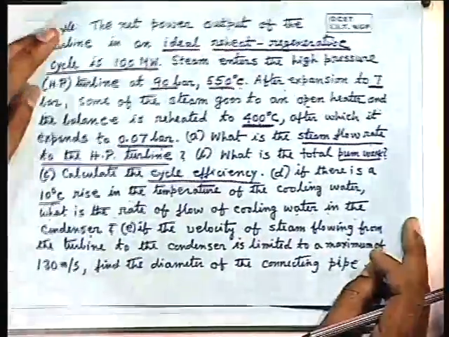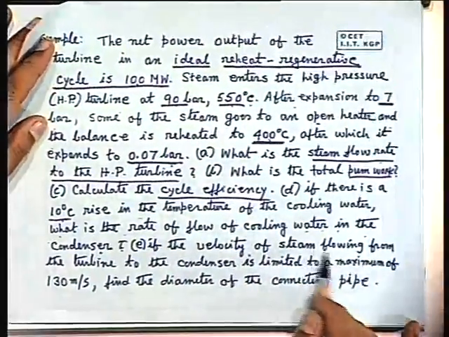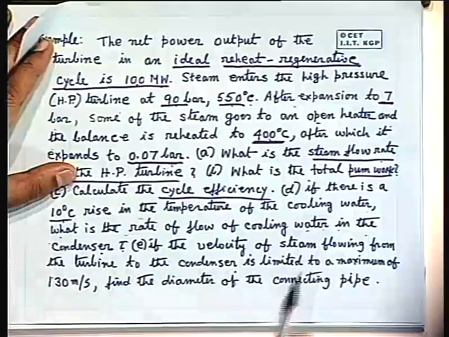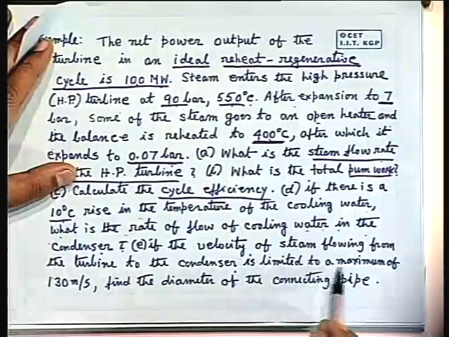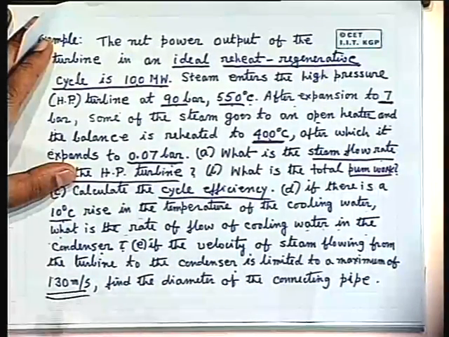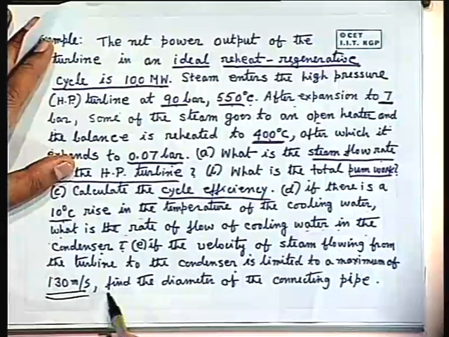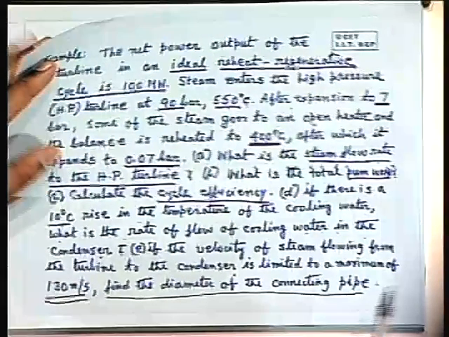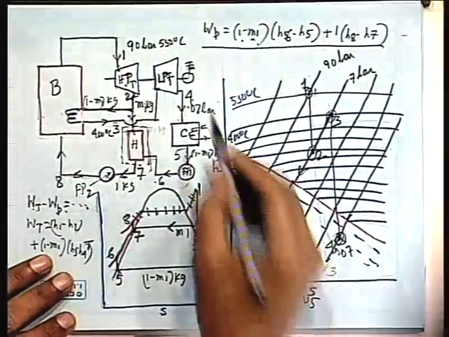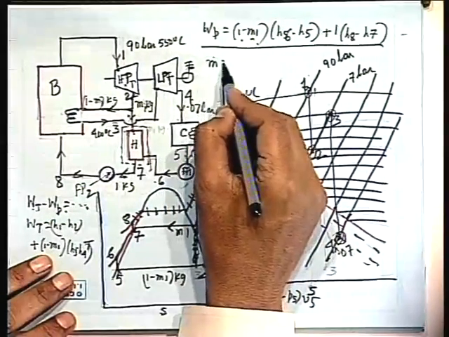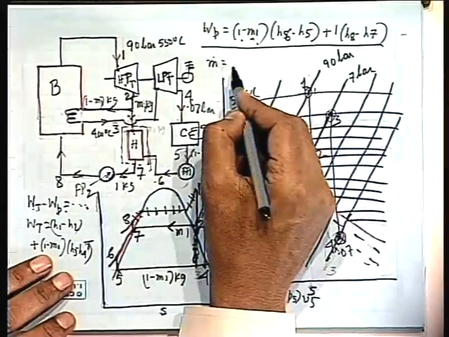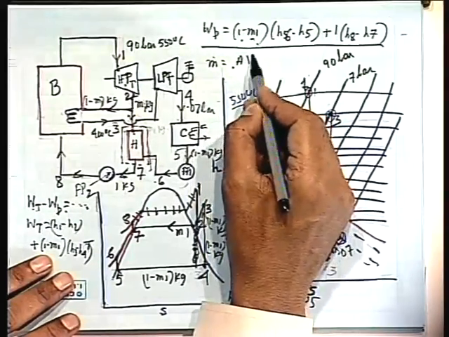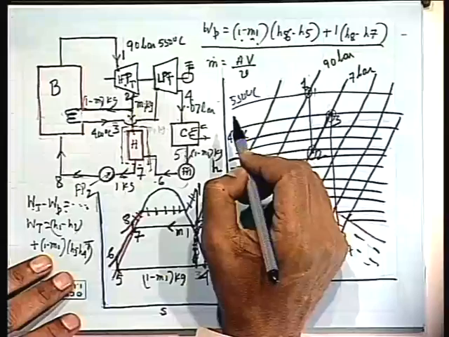Next part: the velocity of steam flowing from the turbine, that means the LP turbine, to the condenser is limited to a maximum of 130 meter per second. Find the diameter of the connecting pipe. How to? So mass flow rate is rho A V. Rho, in fluid mechanics we write like this, but here we write small v.